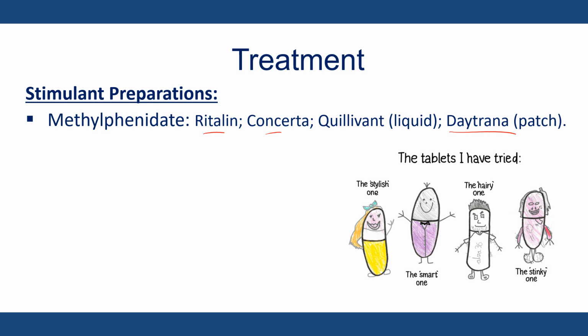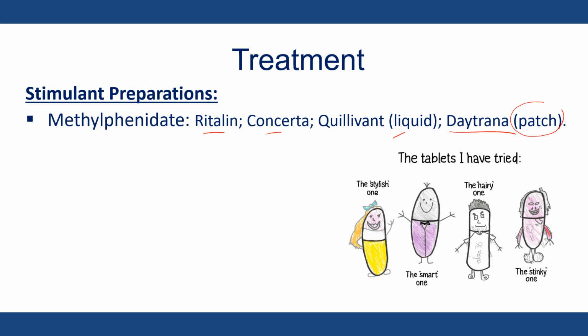So the best approach for that child may be either liquid, if they're able to drink, or the patch. Now the beauty about the patch is a transdermal patch that you can apply on the skin, and it's approved for children and for adolescents by FDA. Now the advantage of the patch is that you don't have to swallow those pills, and patch can be removed if the child does not need the medication.